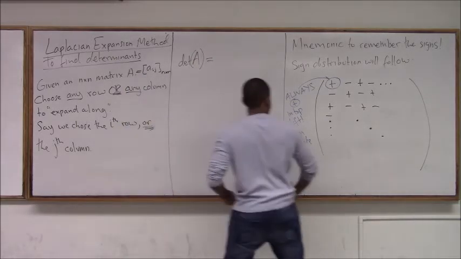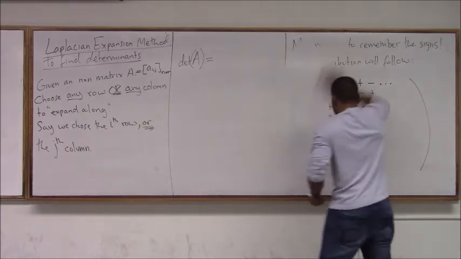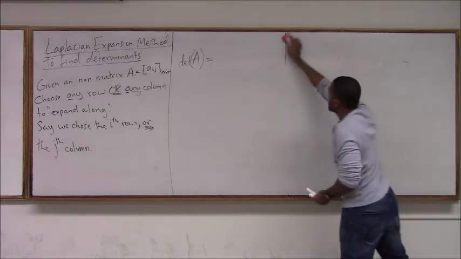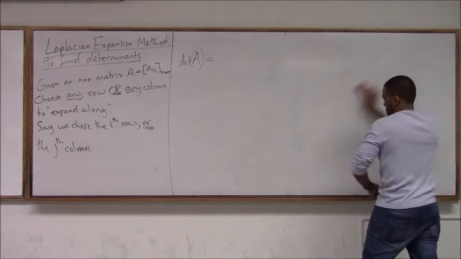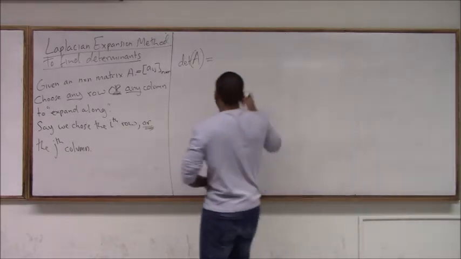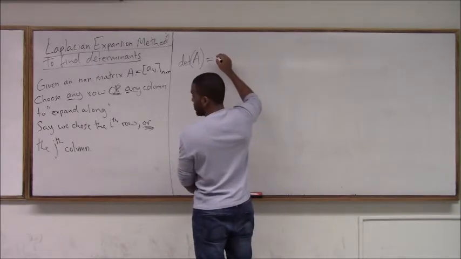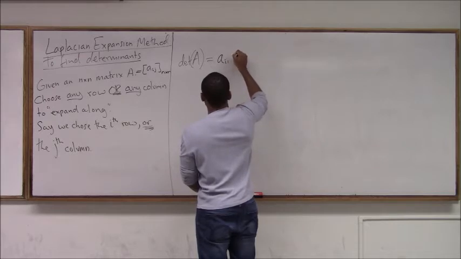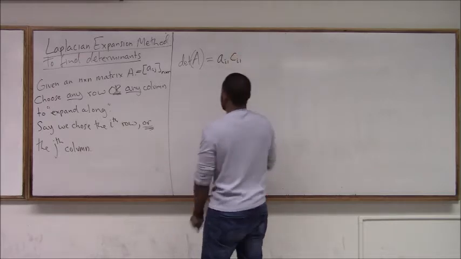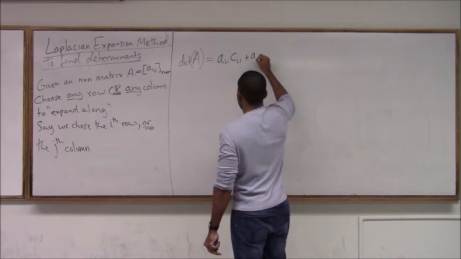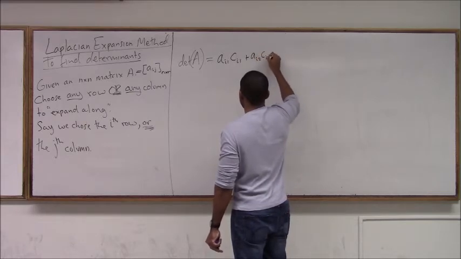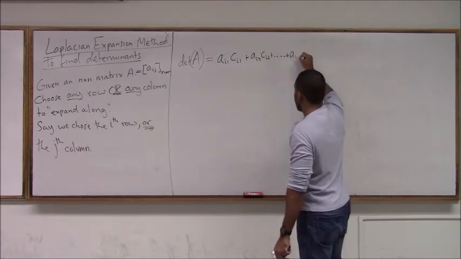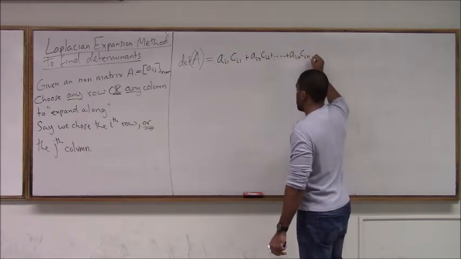So let's say I'm doing the ith row. Then the determinant will be equal to a_i1 times C_i1 plus a_i2 times C_i2 plus all the way down to a_in times C_in.